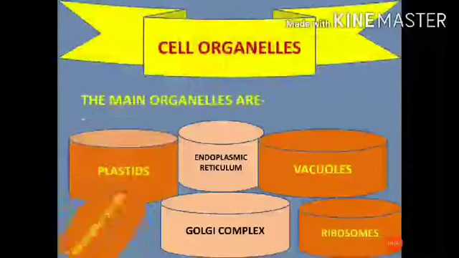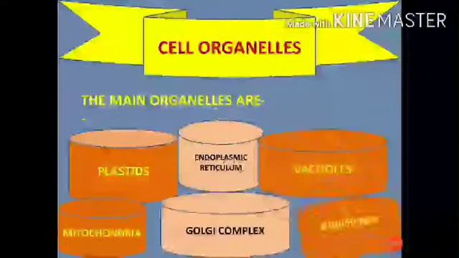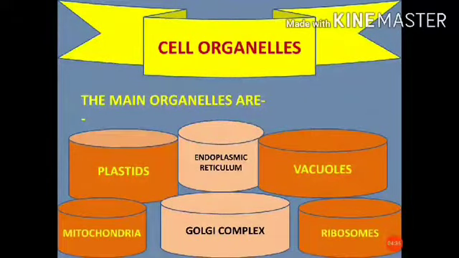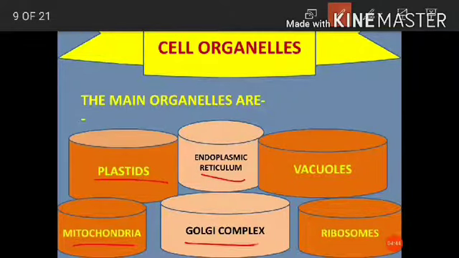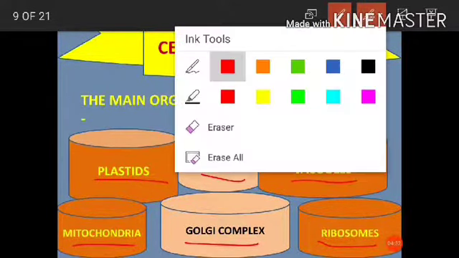Now let us see different cell organelles found in the cytoplasm of a cell. They are plastids, mitochondria, endoplasmic reticulum, Golgi complex, vacuoles, and ribosomes. So let's see each one of them.